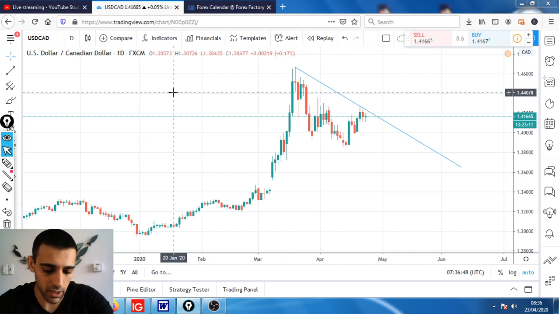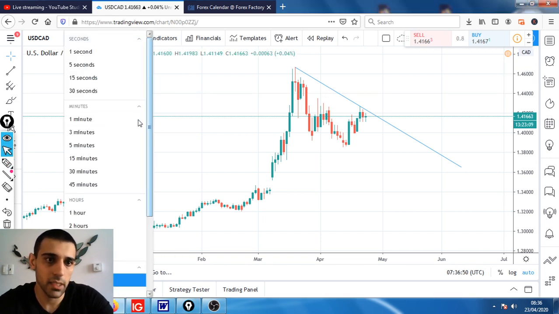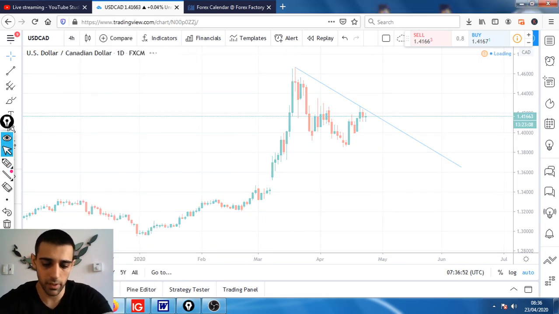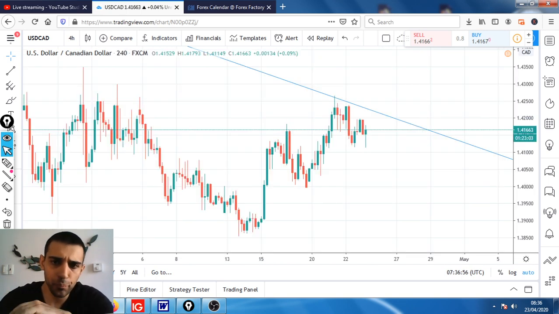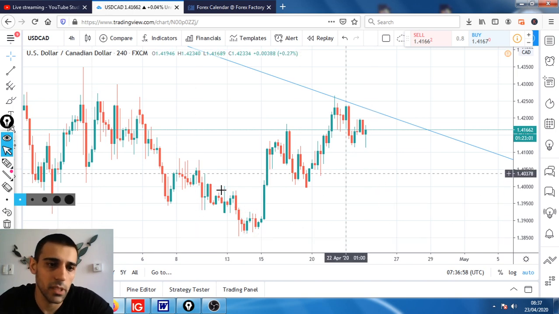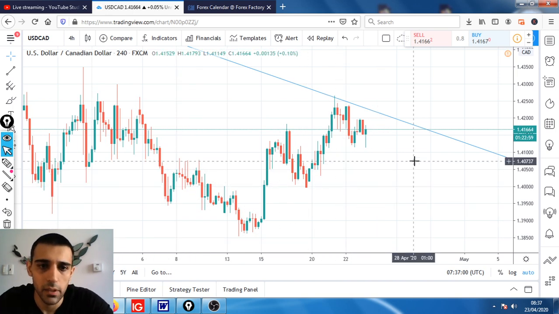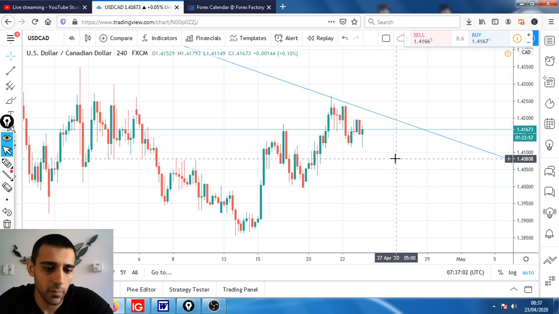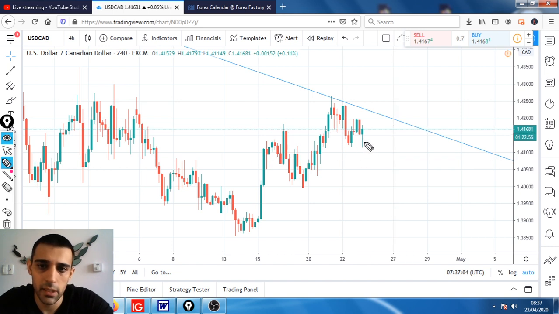It doesn't really do much, but we need to check that on a 4-hourly time frame and then a 1-hourly time frame. On the 4-hourly time frame, we had this kind of hammer candle developing.